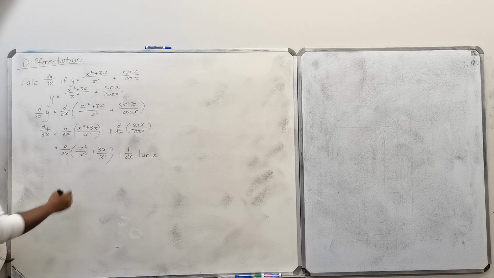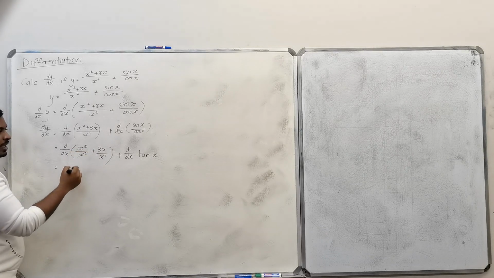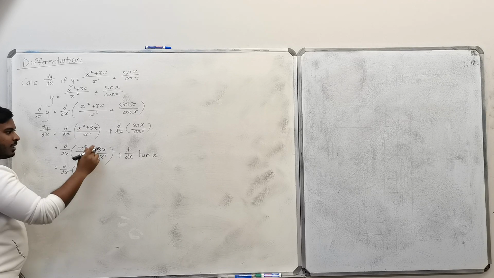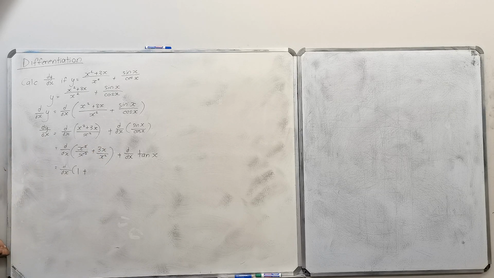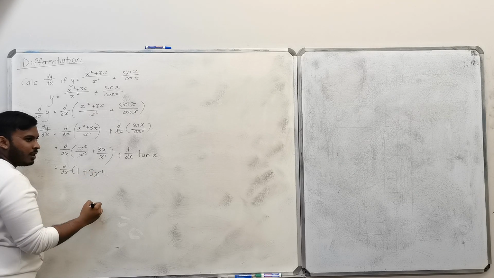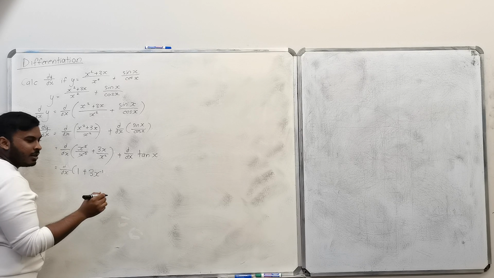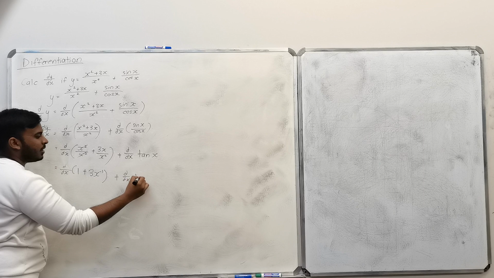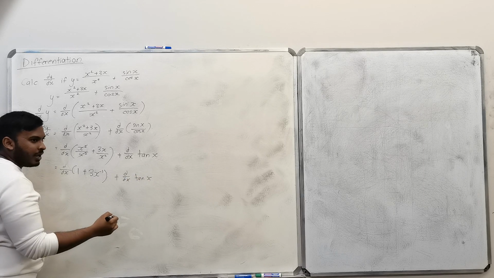Okay. Now what's going to happen here? Cancel, cancel. You're left with d over dx of 1 plus 3x over x squared, which is 3 over x, which is 3x to the minus 1. Everybody understands that? Plus d over dx of tan x.